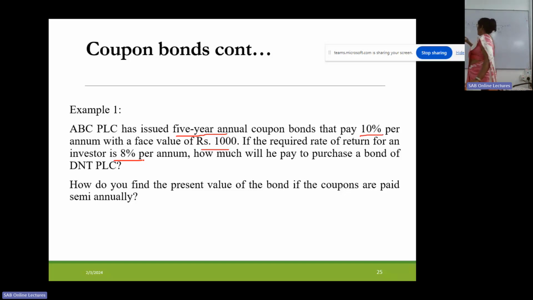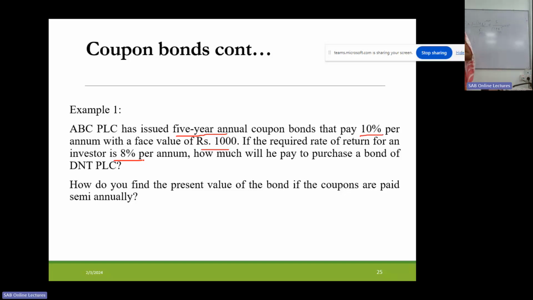The bond coupon rate is 10%. The investor's required rate of return means the prevailing market interest rate. It is the market's going interest rate, the current prevailing interest rate. So is this bond attractive or not?